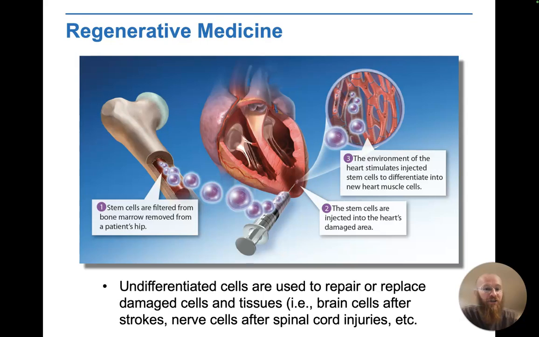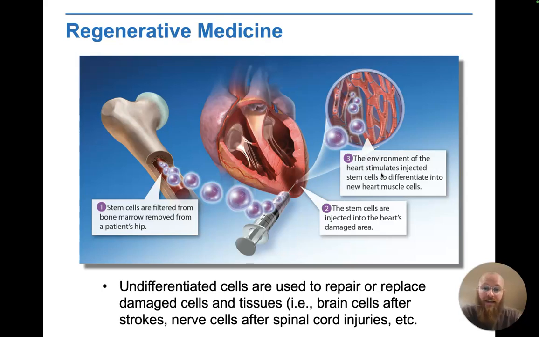And we can actually inject those into damaged tissues like a heart after a heart attack. And what that can then do is the heart environment, right? So the existing healthy muscle cells of the heart will actually stimulate those stem cells to become new heart muscle cells, right? So again, if we just administer these undifferentiated cells into a certain area, they sort of learn that that's the job that they need to be doing.